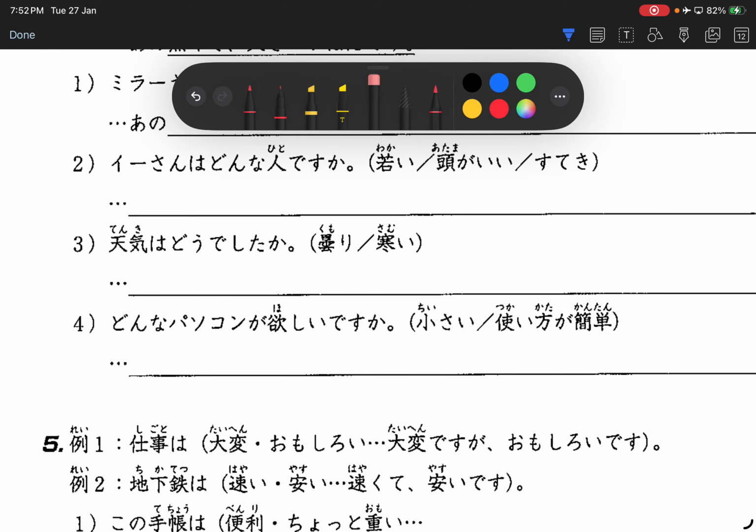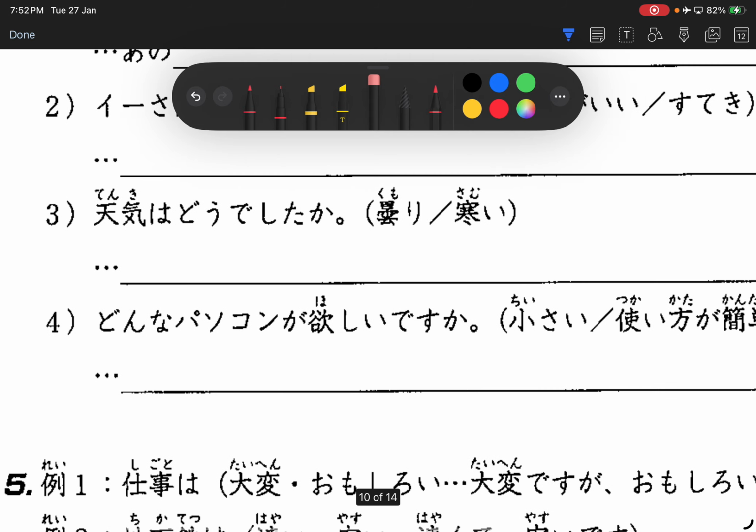Remember, we have an example that says ame de. So, ame de, right? So, kumori de. Kumori de, samui desu. Kumori is a noun, so we use de.